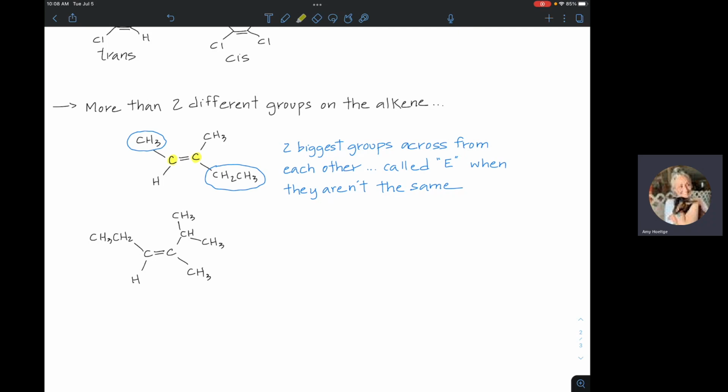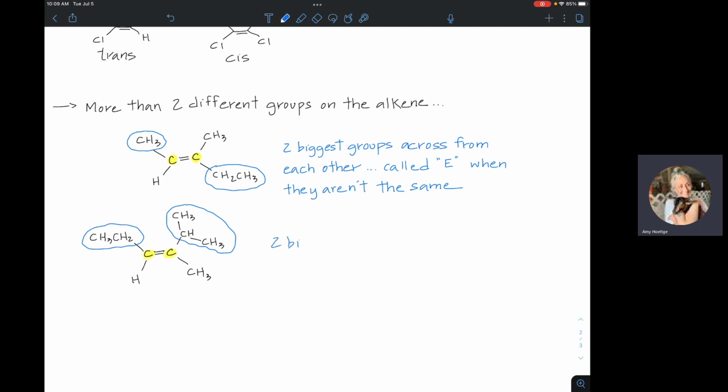So now we look at the two carbons in the alkene, and we're going to find the biggest groups on each of those carbons. So in this case, they happen to be on the same side.